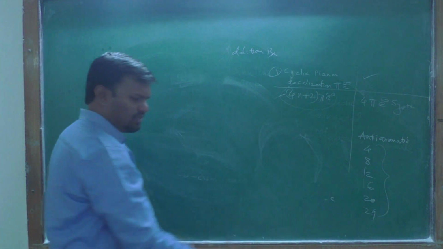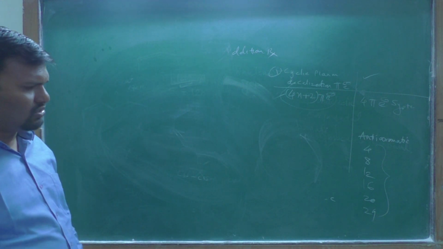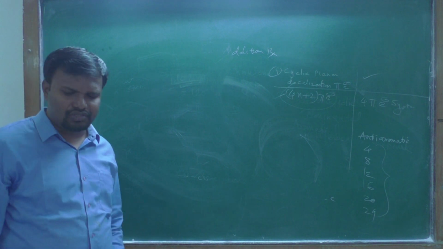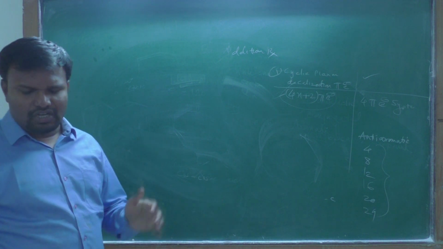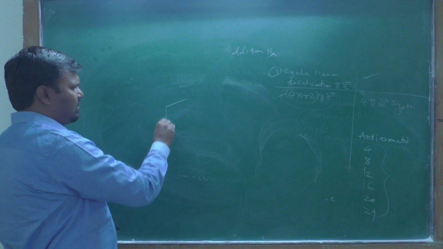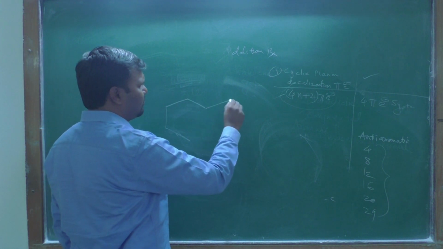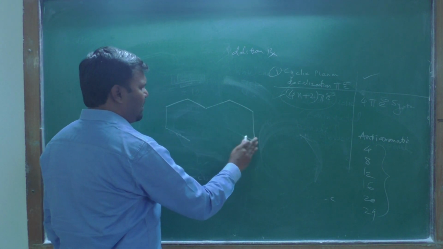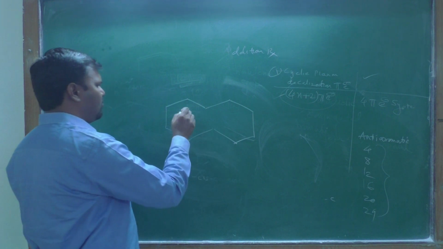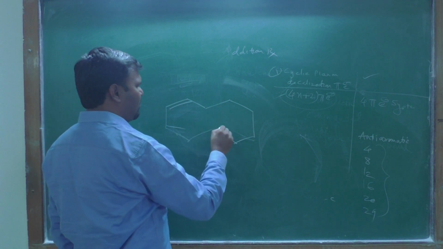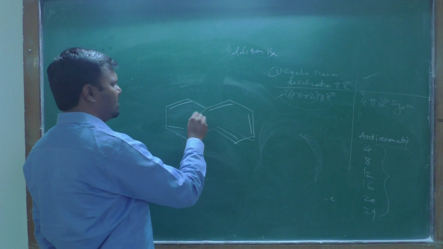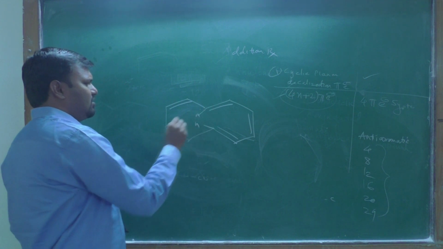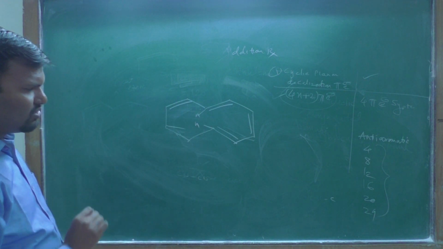Now, this is all about the 10 electrons. We have seen the 8 electron system and the 10 electron system. We already know that this system is a non-planar system, because the 2 hydrogens create steric strain, so its planarity is disturbed.